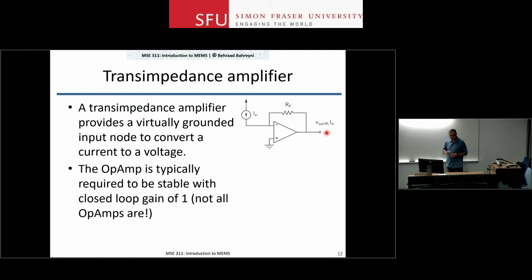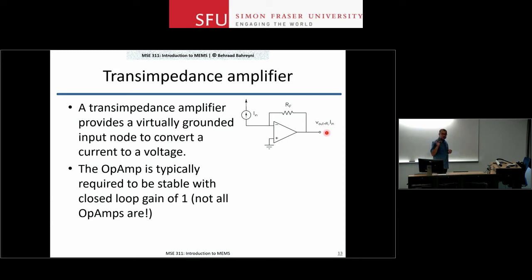Another side note is that your amplifier has to be stable with a closed loop gain of 1. Actually, a lot of op-amps are not stable with a gain of 1. So if you're picking an op-amp for this kind of application, make sure to check the minimum stable closed loop gain. You want to make sure that it is 1.